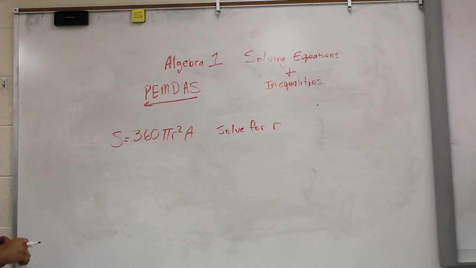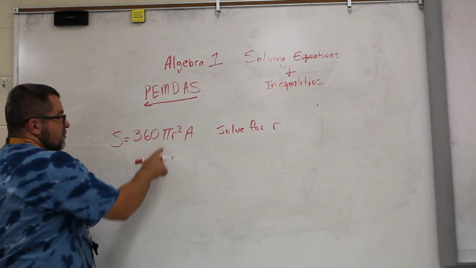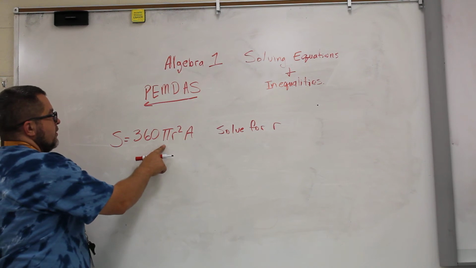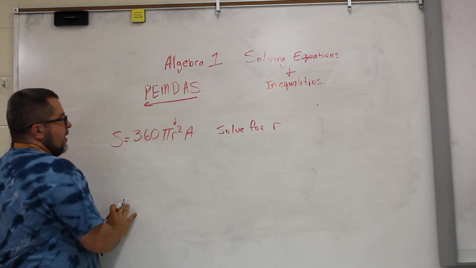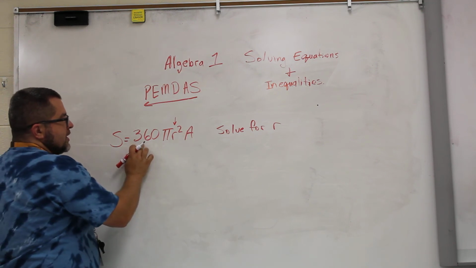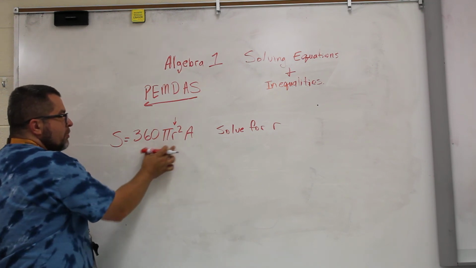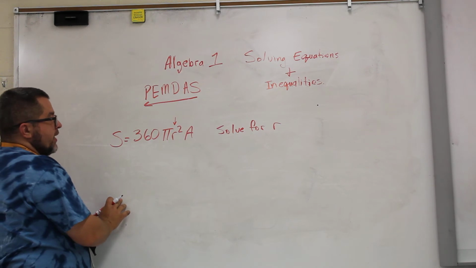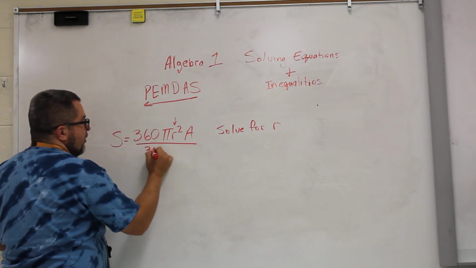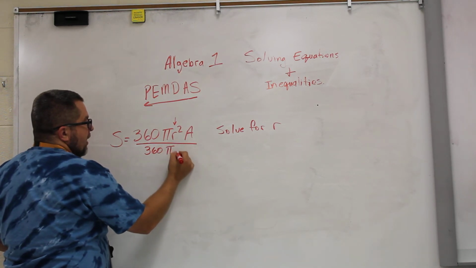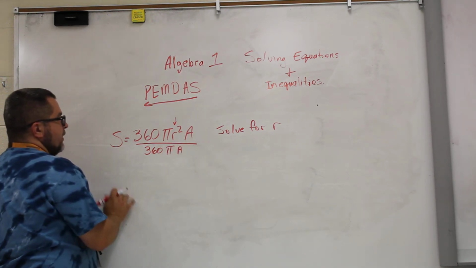Well, again, remember that variables are just numbers. Pi is just a number. So if I'm trying to get the r by itself there, then 360, pi, and A are all being multiplied by the r squared. So I can start by dividing by 360, by pi, and by A.